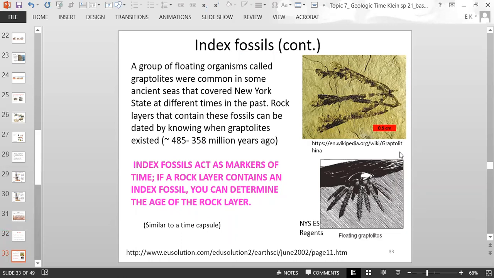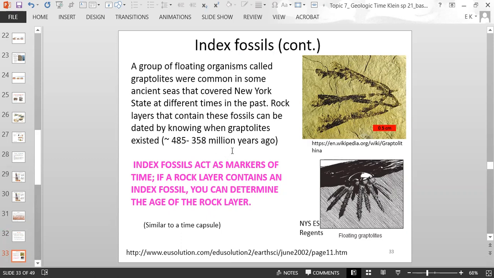Rock layers that contain these fossils can be dated by knowing when graptolites existed. They only really existed for the time period between 485 million years ago to 358 million years ago. That's when graptolites existed. So that's a relatively small time period.